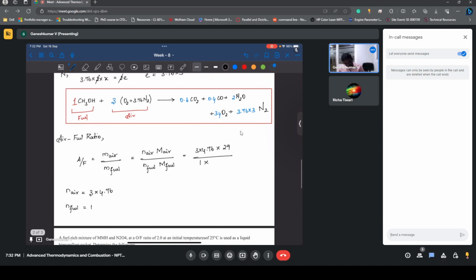How do we find the molecular weight of fuel? We just need to add the weights of individual atoms here, right? We have a carbon atom which is 12, and 4 H atoms which is 4, 16 plus... total is 32. Right, 32. So if that is the case, how much is the air fuel ratio coming out to be?